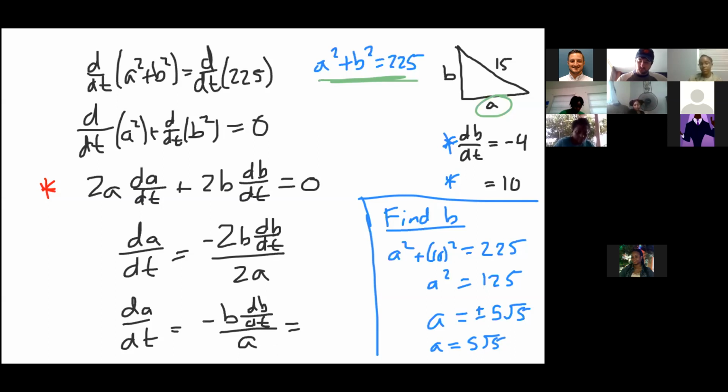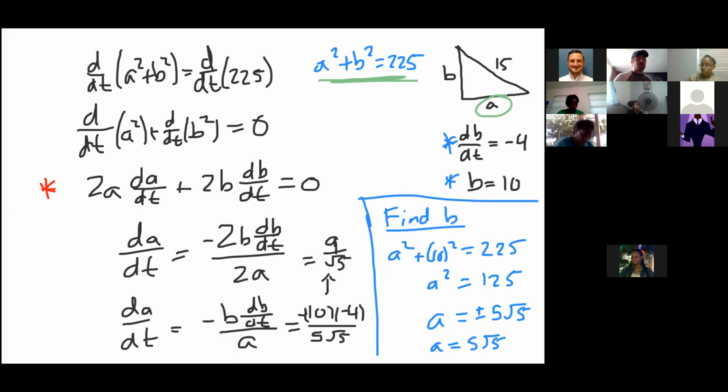That's what it is. So it's negative 10 times negative 4 all over 5 times square root of 5. And this is going to be bad board work, but I'm going to come up here where I've got a little bit more room. And we'll end up simplifying to 9 over the square root of 5.